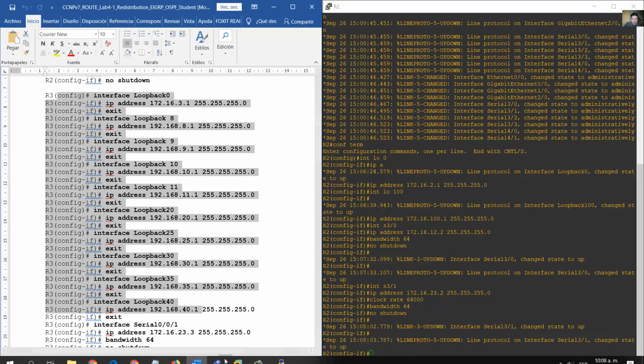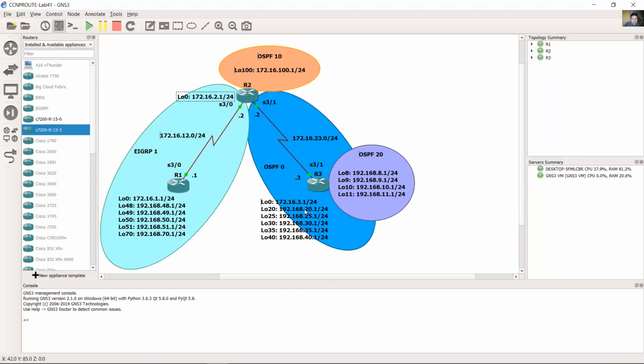R3, all these loopback interfaces, and serial interface serial 3/1 placed on this 23.0 network.